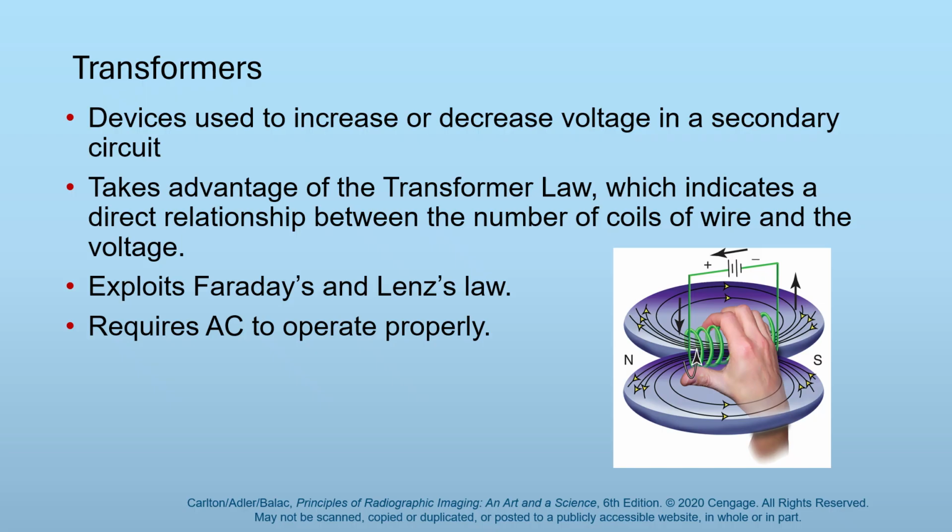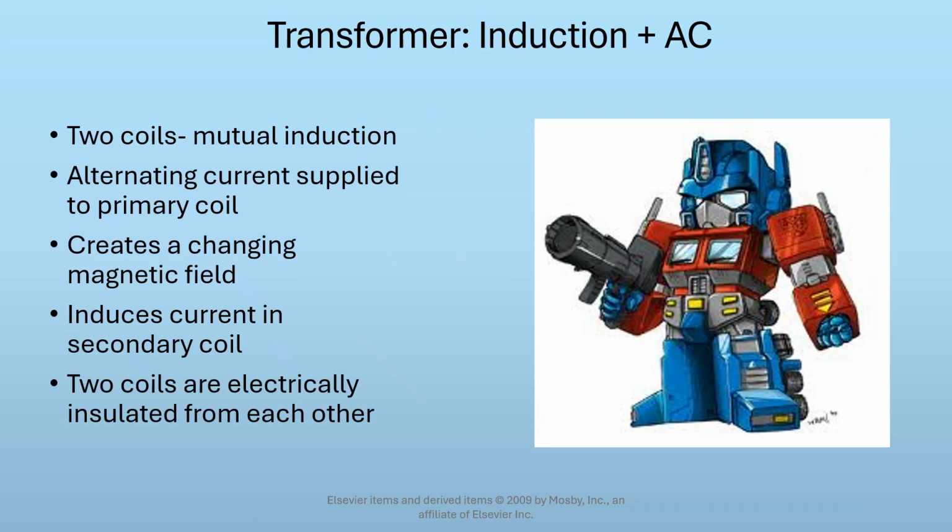But this is DC. Let's run AC through a coil. Okay. And so if we have two coils, that's going to be called mutual induction. Alternating current supplied to the primary coil. And what's going to happen with your Fleming's right-hand rule if the current's constantly changing direction?